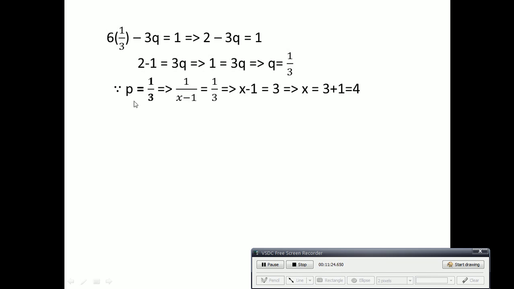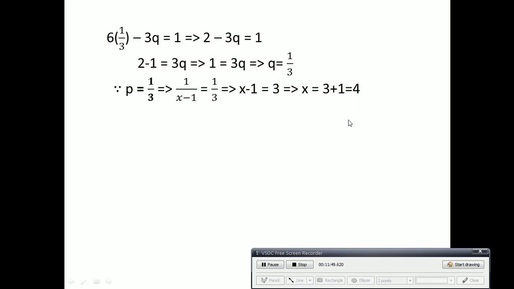Students, we know we got p is equal to 1 by 3. And what was p? P was 1 by x minus 1. So 1 upon x minus 1 is equal to 1 by 3. We are taking reciprocal both sides. So x minus 1 equals 3. This minus 1 will be shifted and it will be 3 plus 1, that is 4.